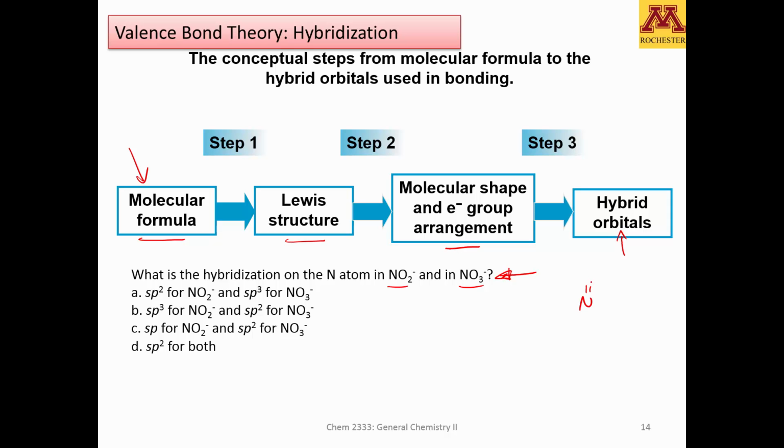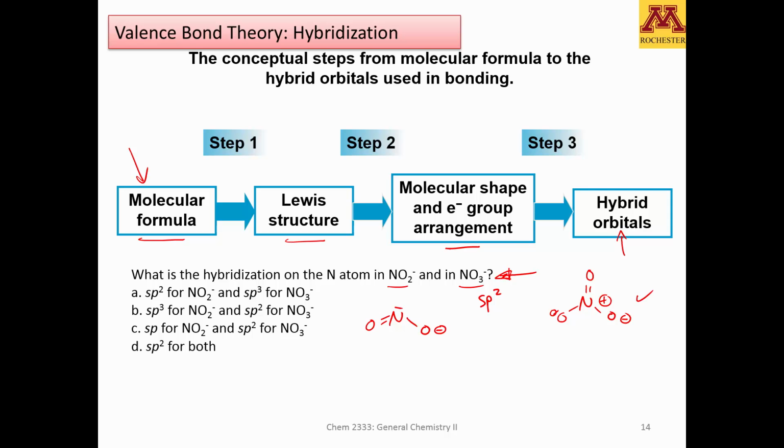Well, in both cases, it doesn't matter that this one would have resonance, for nitrate, it has 3 surrounding atoms, therefore it needs to form 3 hybrids, therefore this has to be sp2.